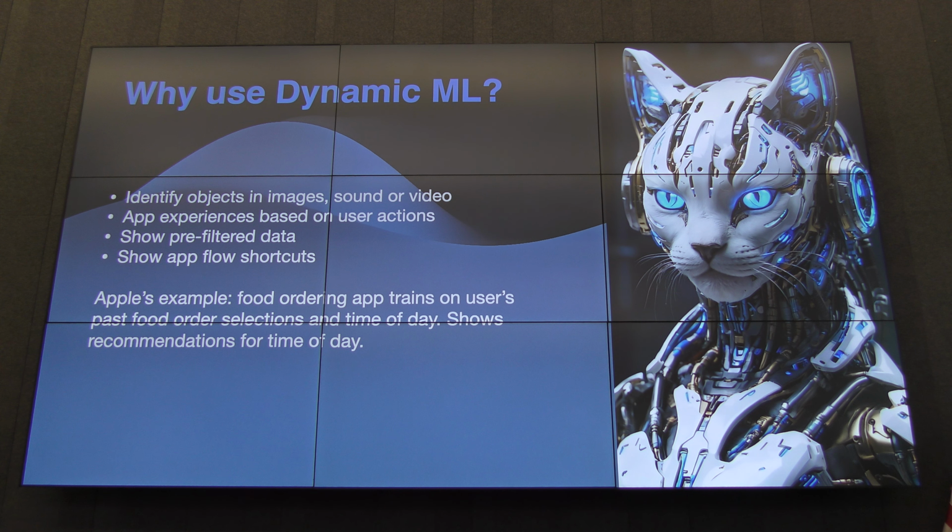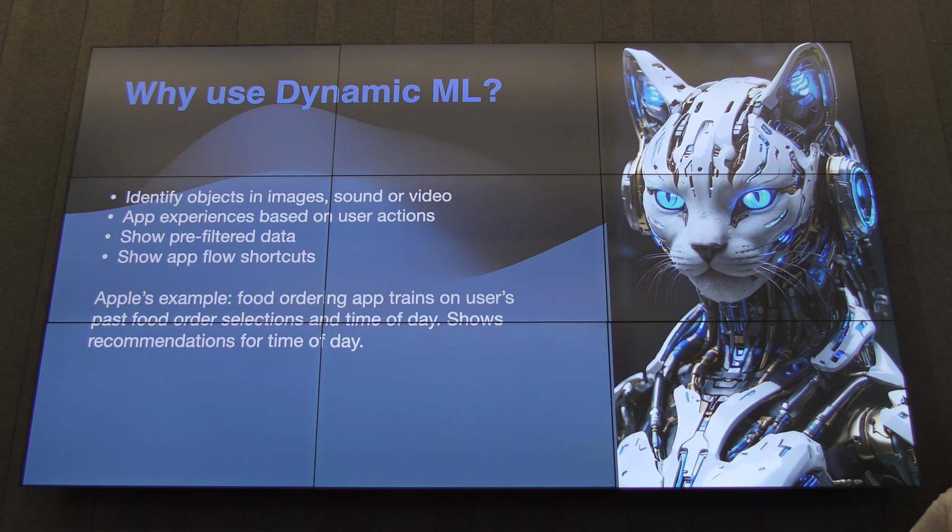Okay, so why would you want to use dynamic ML on iOS? One of those things could be identifying objects, things in images, sound, video, and whenever we show classifiers, that's basically what this is. So identification is one.